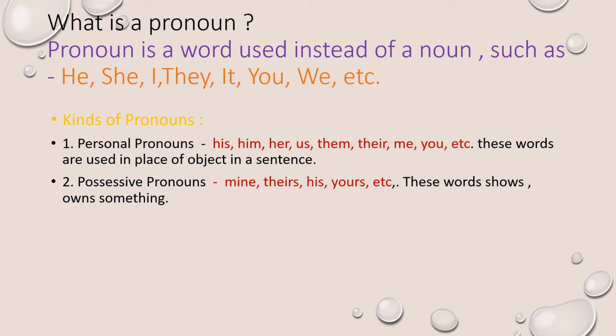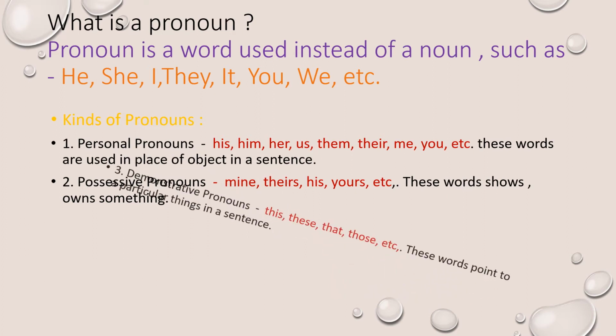Means instead of my, you can use mine. Their, theirs. His only. Yours. Means you can add the s. That is known as possessive pronouns. Possessiveness, own something. It's mine, house. Like that way, it is known as possessive pronouns.